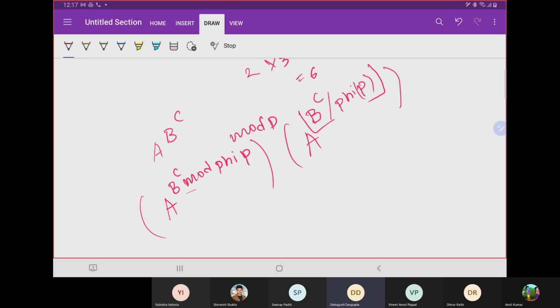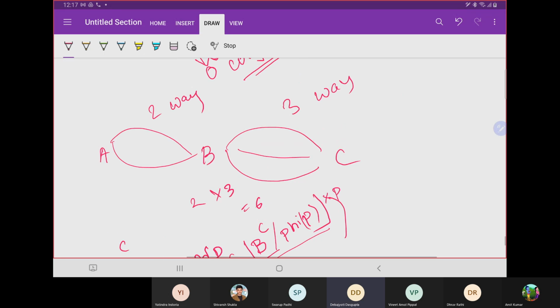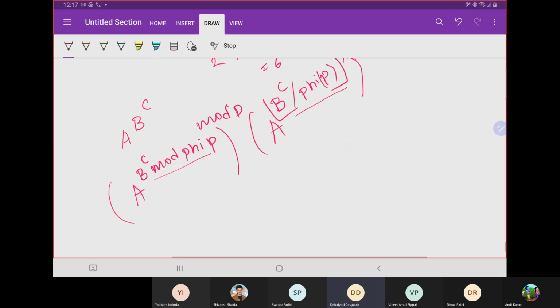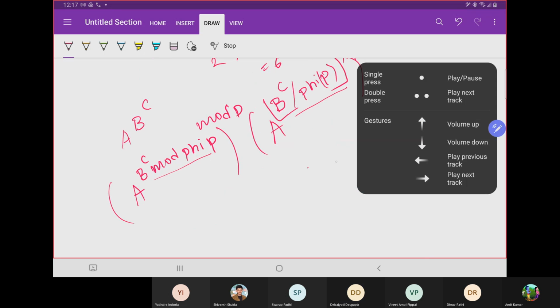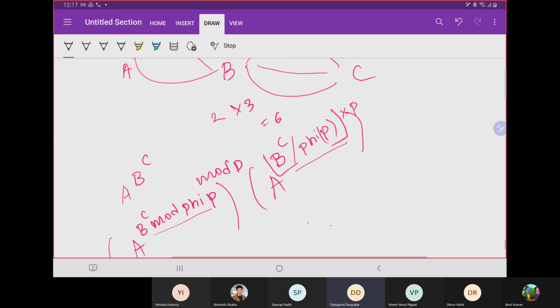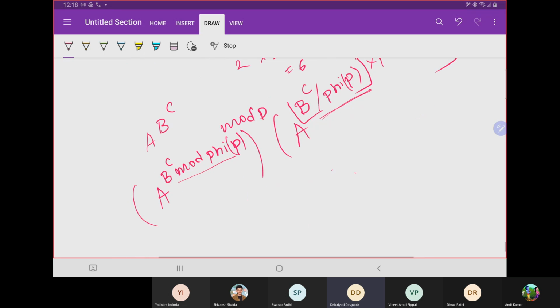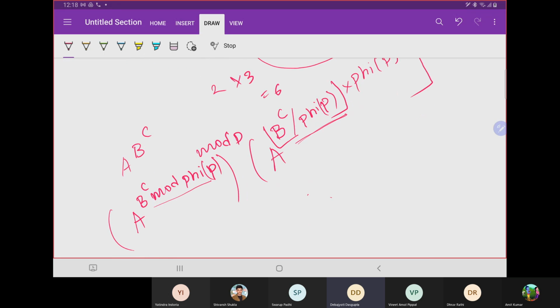So this is basically the remainder, and this is basically the quotient. This is the remainder when you are dividing b power c by phi p. Now you see that this thing can be written as a power phi p, whole to the power of b power c divided by phi p.